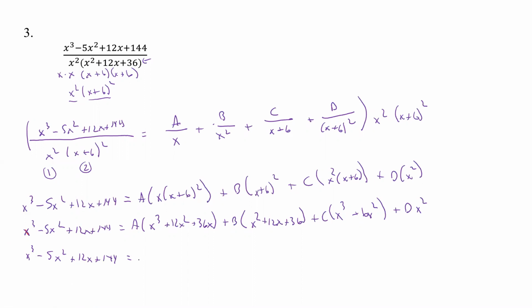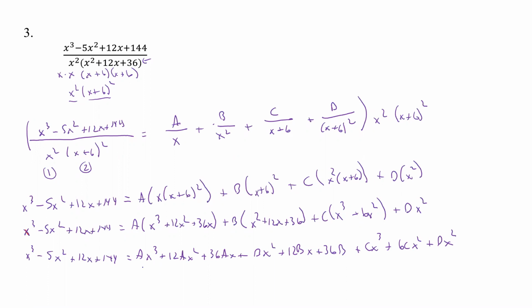Now I'm going to distribute the a times that, so it's ax cubed plus 12ax squared plus 36ax plus, now we have bx squared plus 12bx plus 36b plus cx cubed plus 6cx squared plus dx squared. Okay, so we have a lot of stuff here.